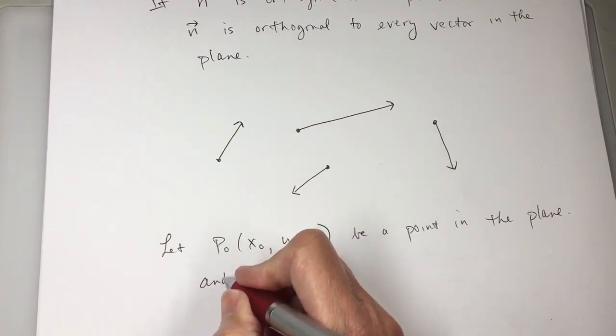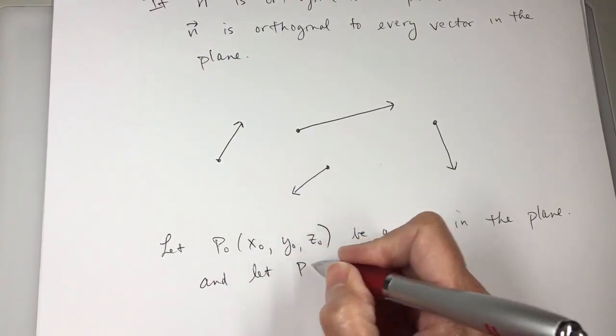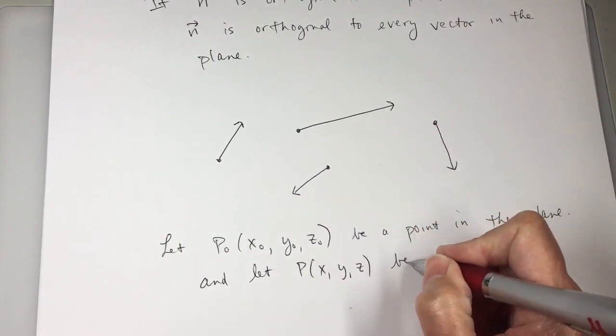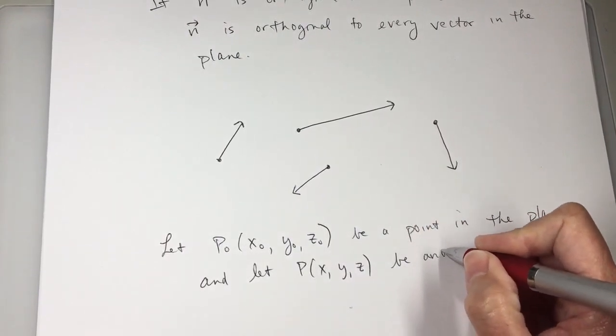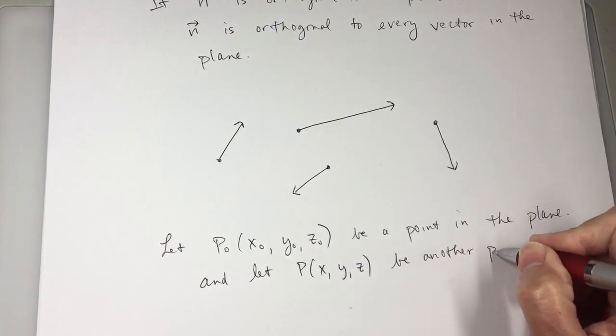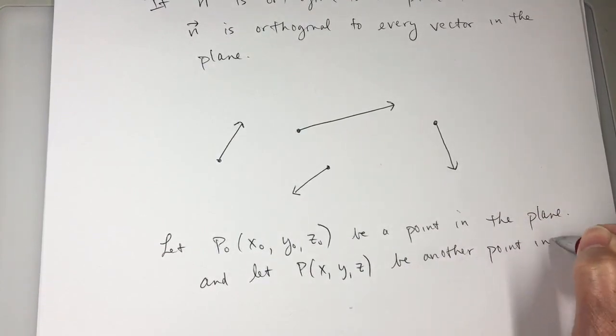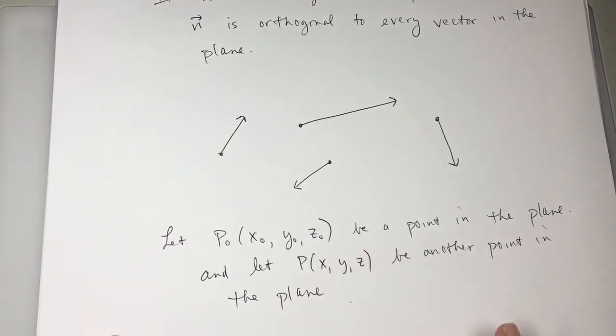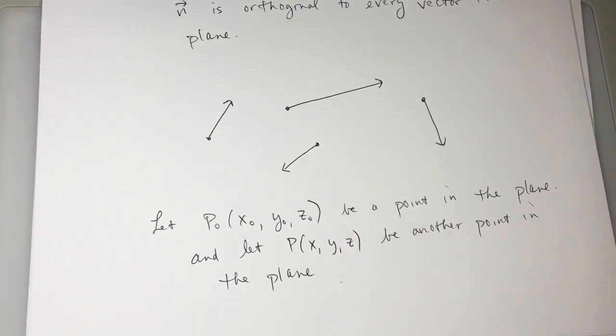So we'll say this: and let P, which is x, y, z, be another point in the plane. Now that one, they're not going to give you.